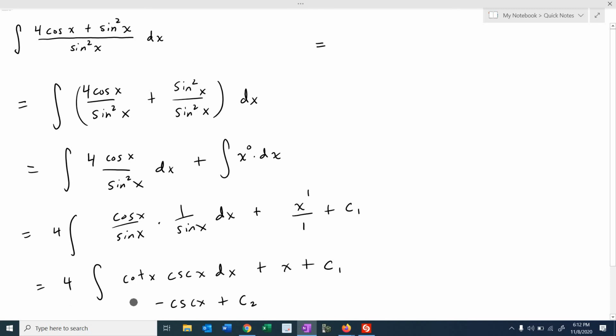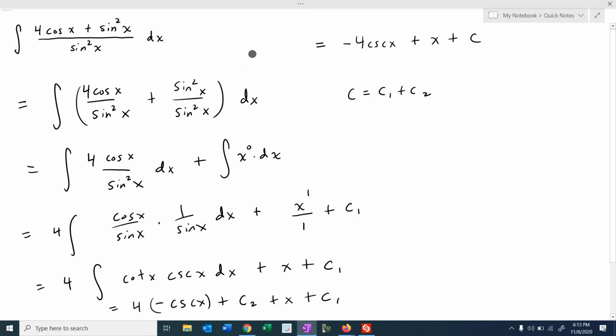Then all of that gets multiplied by this 4. Now just to clean this up a little bit, this is minus 4 cosecant of x plus x, and then these two constants add up to another constant, which we'll call C. So this is the antiderivative of this function, and again, if you wanted to check it, you could take the derivative of this function and make sure it goes back to this one.